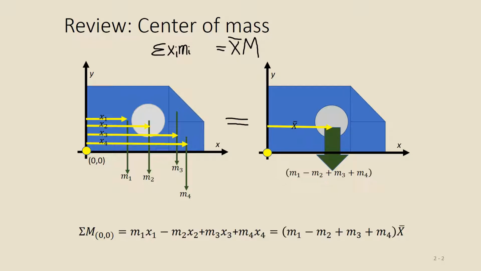Here's a review of what the center of mass is, and it is a moment calculation. We're taking some system, and again, this can be one single solid object or a bunch of particles, and we're drawing our system boundary to include all of those particles. To figure out the position of the center of mass, this is an R cross F thing.